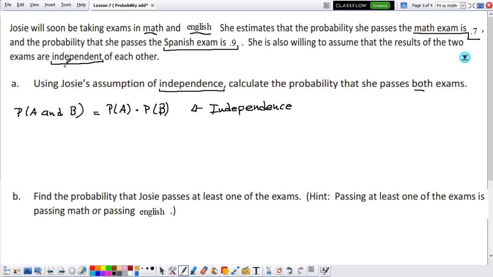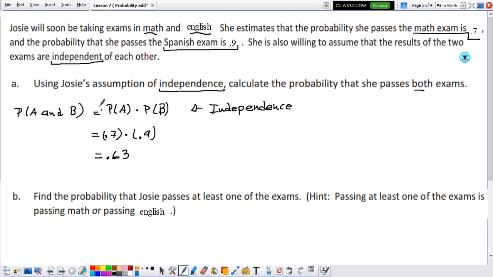But here they're telling us that they are independent, so we can use this formula. So now let's see. What is the probability for her to be passing the first exam? 0.7. And we're going to multiply this by the probability of the second event, which is 0.9, which is equal to 0.63.